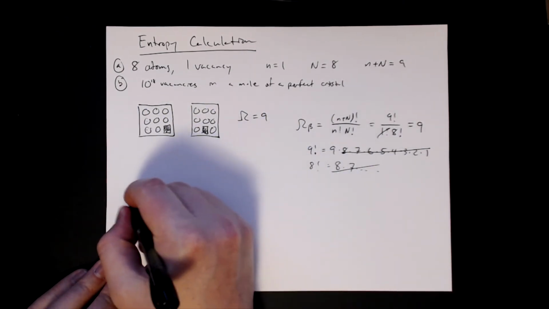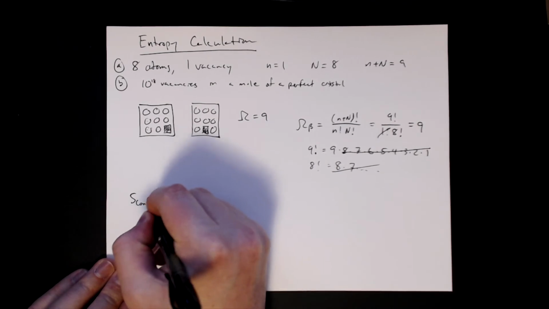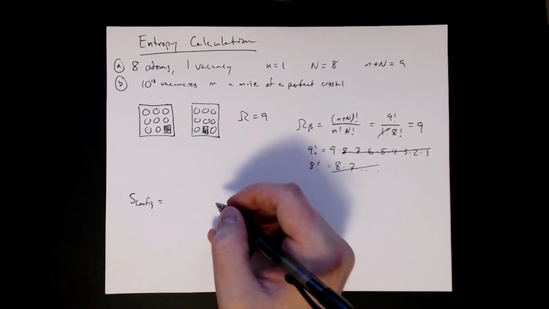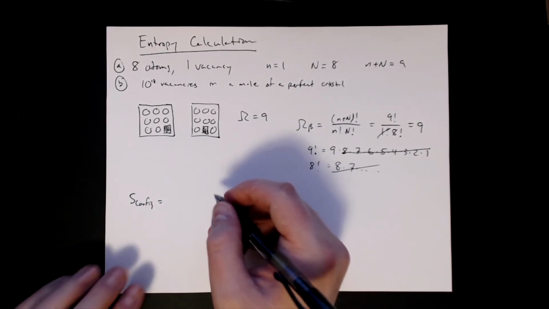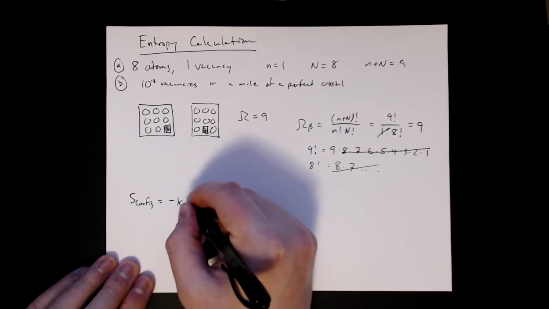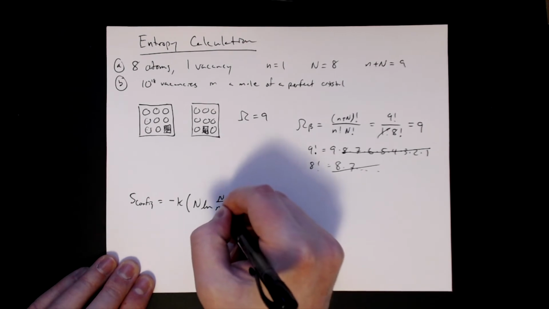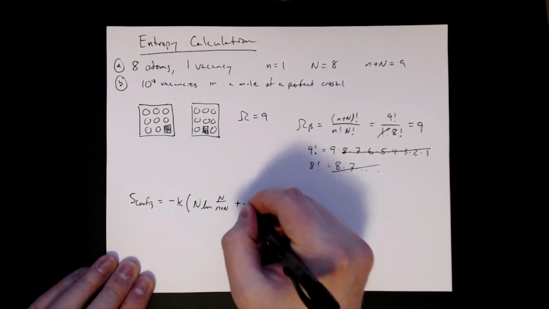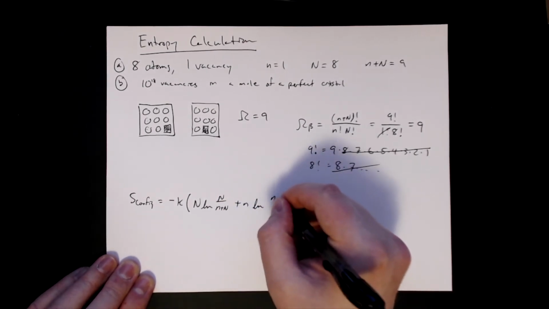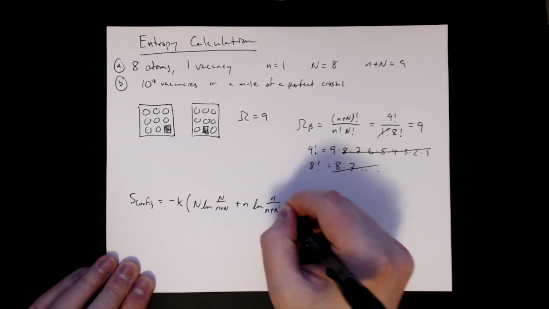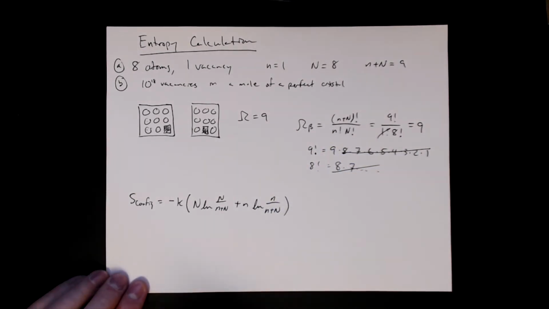So let's look at the configurational entropy that we had from our earlier expression, right? So we found that it was minus k times N natural log of N over N plus n, plus n natural log of n over N plus n. Right? So that was our expression.